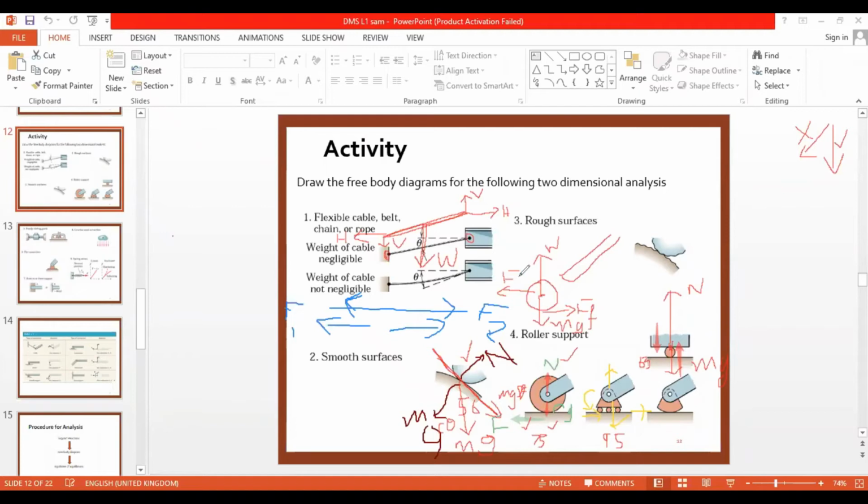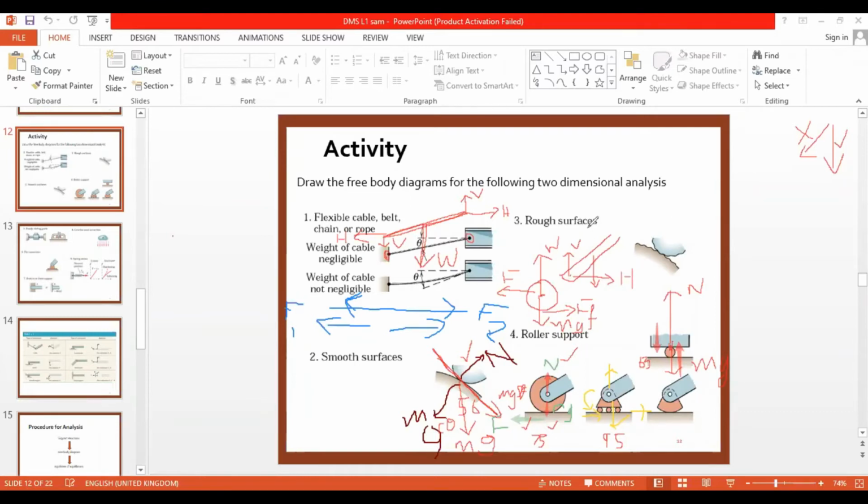These four forces will be applied on this round body. And this one can have a weight, not mentioned; if it is, then we need to mention it. Yeah, and here if I say this is a pin joint, then in this condition there will be two forces, one in the vertical and the other in the horizontal direction.